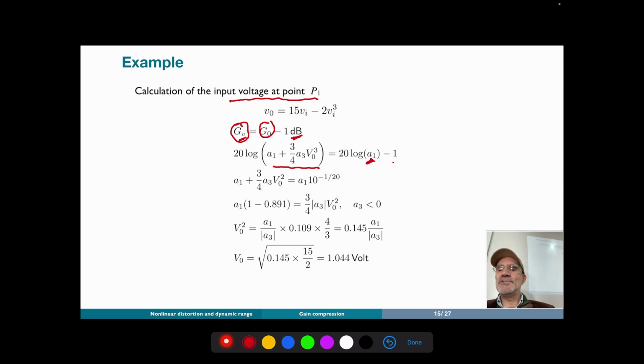And so if we solve this equation for the amplitude V sub naught, we get the voltage referred to the input at which the gain reduces by 1 dB, which means that at 1.044 volts at the input, the gain will be reduced by 1 dB with respect to the linear case. Okay. Obviously, if we increase the voltage, then the gain reduces even further after that.